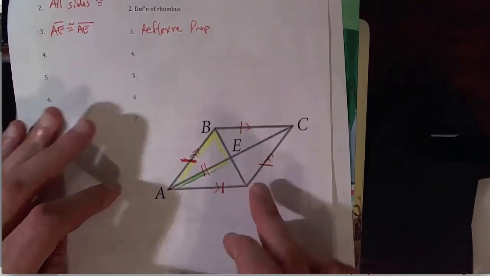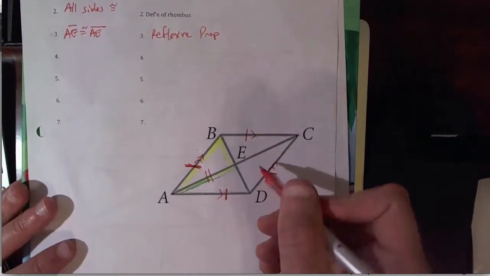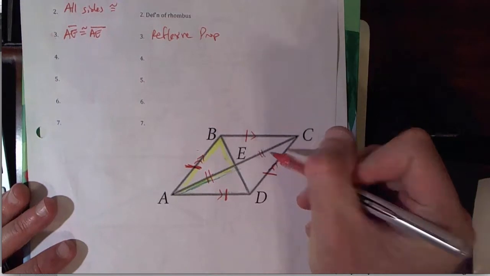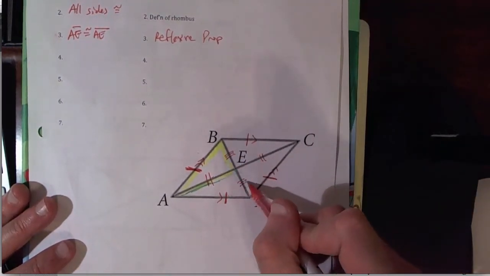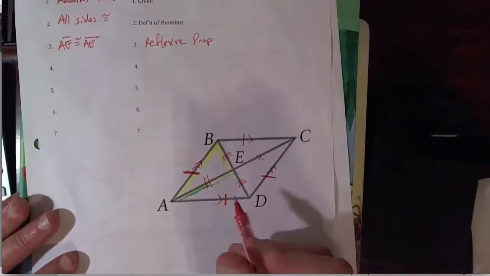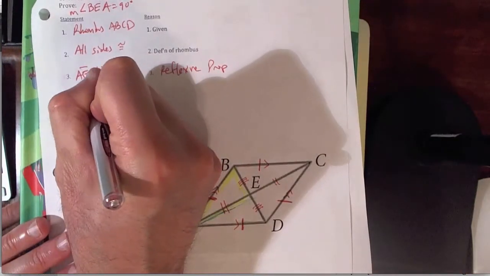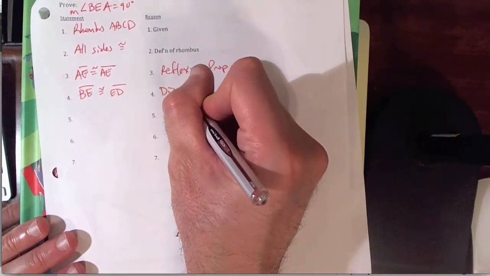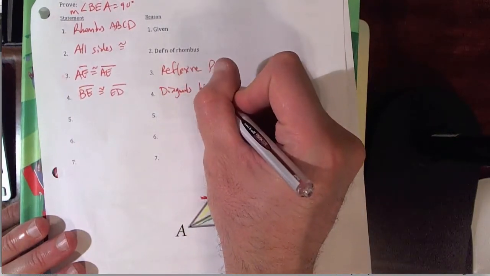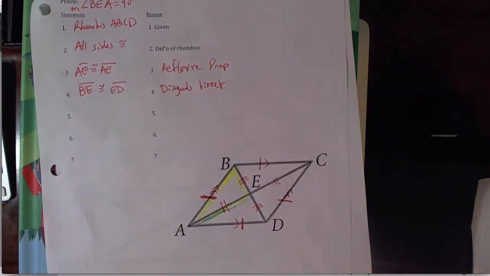They slice each other in half. So, of course, you have tick, tick, tick, tick, but the other thing we have is more ticks. And so by doing that, let's just go ahead and add that. BE is congruent to ED, right? Because the diagonals bisect. It's still a parallelogram, okay?